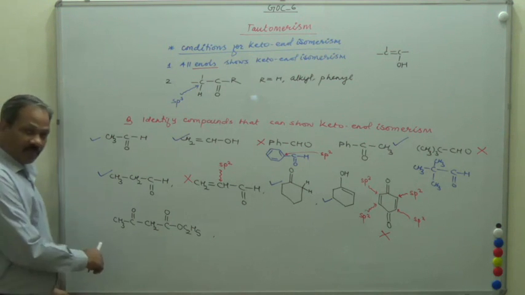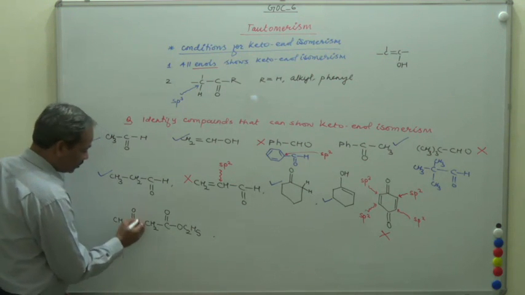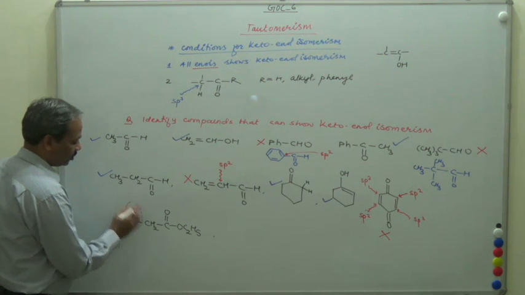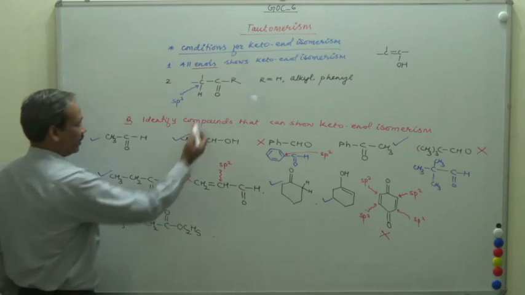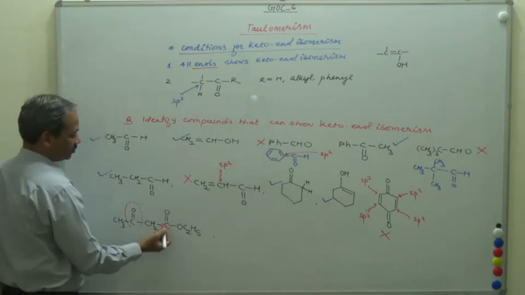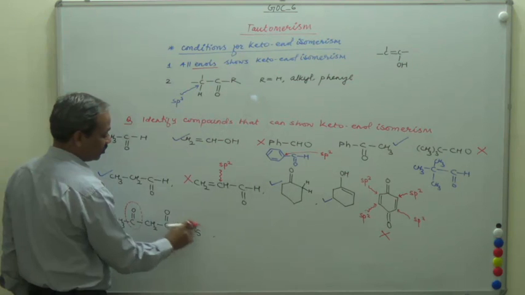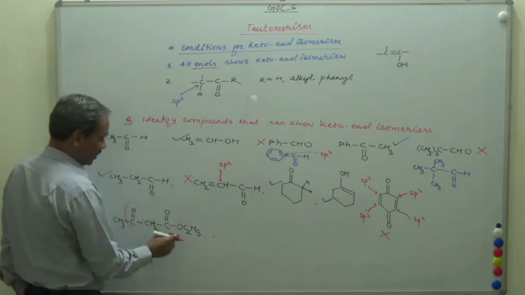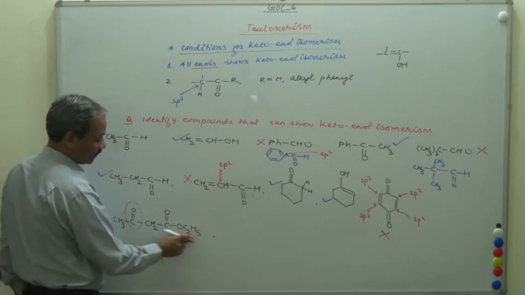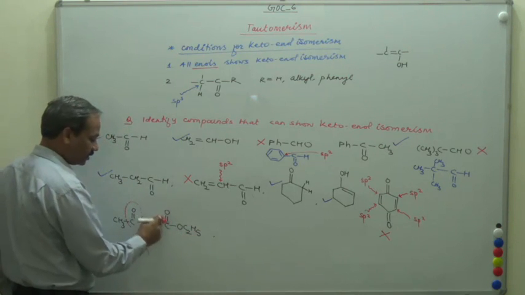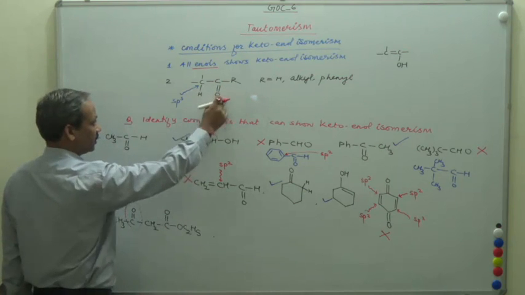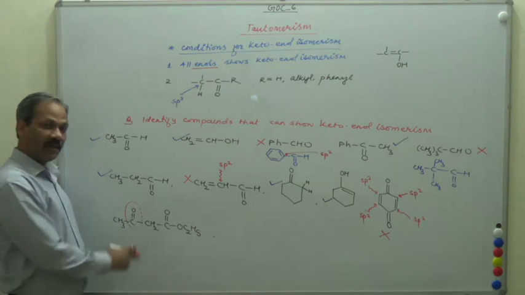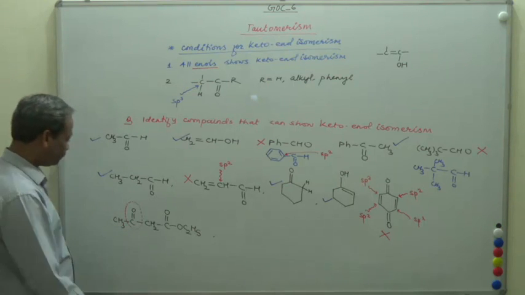Now in this compound, you can't consider this group as an aldehyde or ketone type CO group because on this side there is no R group. Because R can be either hydrogen or alkyl or phenyl. Here it is the ethoxy group. So you can't consider this group as a CO group because it should be CO of either aldehyde type or ketone type.